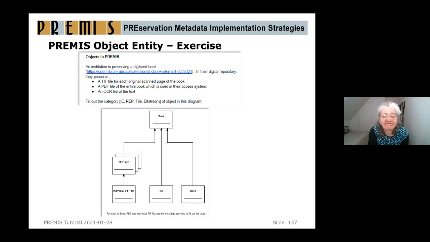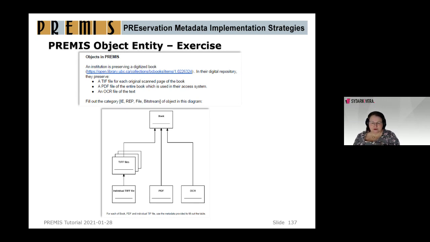So here you can actually hear we have two people, and we already have different answers. So this is one of the examples where you need to actually sit down and do this modeling. That the book at the top is the intellectual entity is rather easy to guess. That's the thing we are doing something with, and have made the representation.